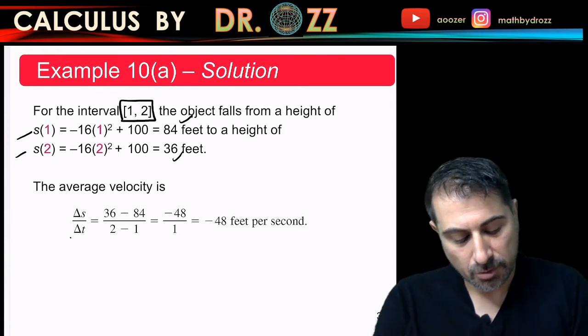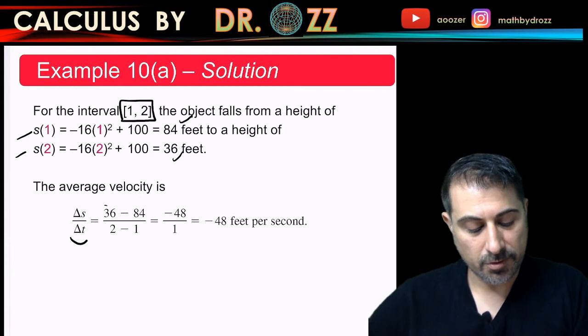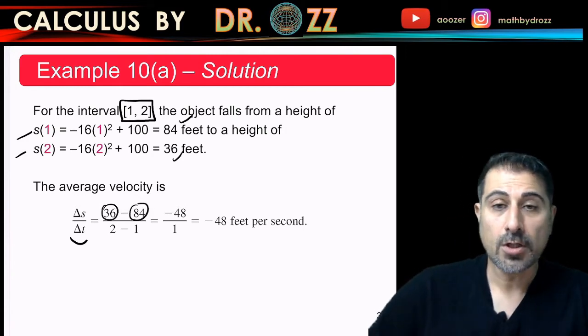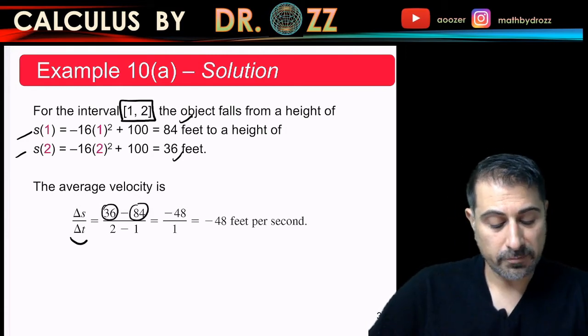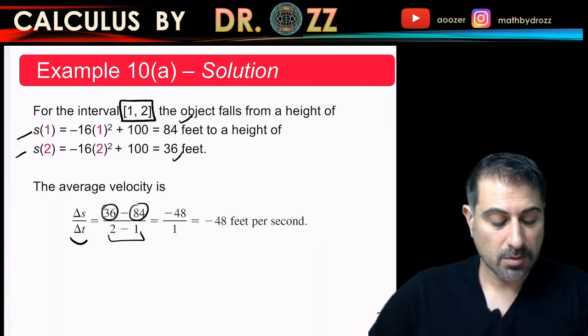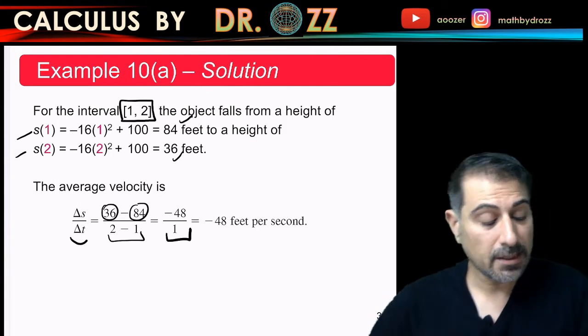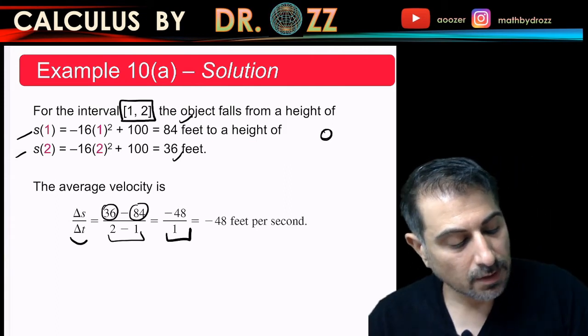By using the formula for average velocity, the total distance traveled is 36 minus 84, and the total time is 2 seconds minus 1 second, that's 1.